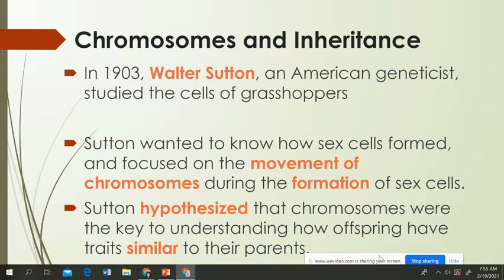If you remember during the cell cycle when we talked about mitosis, you know that chromosomes separate and they divide into two new cells, but those two cells get the exact same number and identical DNA and amount. So Sutton hypothesized that chromosomes were the key to understanding how offspring have traits similar to their parents.